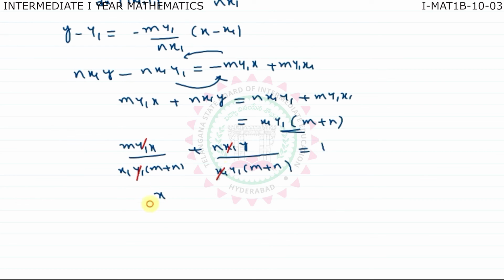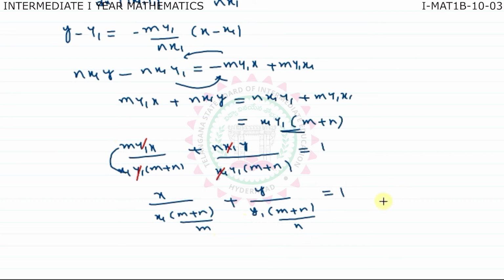So this can be written as x divided by x1 into m plus n divided by m, this term goes to numerator. Again y divided by y1 into m plus n divided by n is equal to 1. Now this is in the form of x by a plus y by b is equal to 1. This is equal to a and this is equal to b.